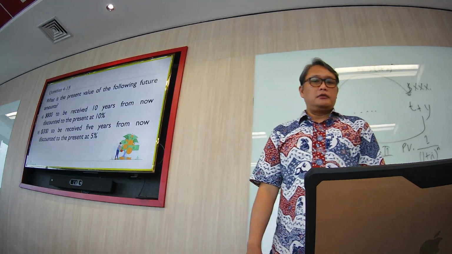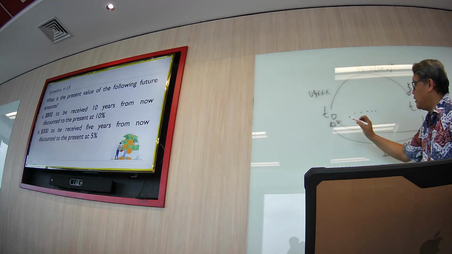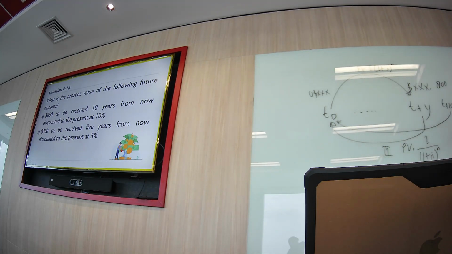So 800 to be received in 10 years from now. So this is 800, 10 years, this is 10. Then you have to find what is the present value of this 800 today, with the interest rate of 10%.